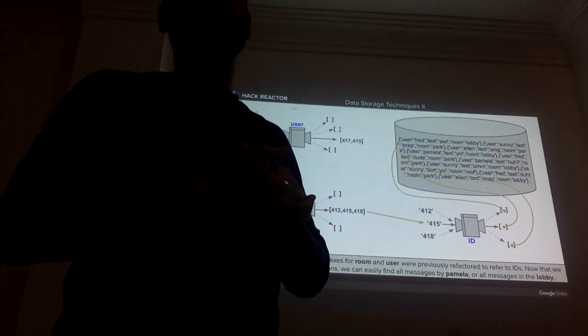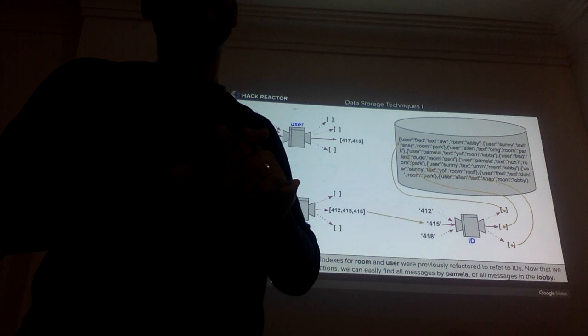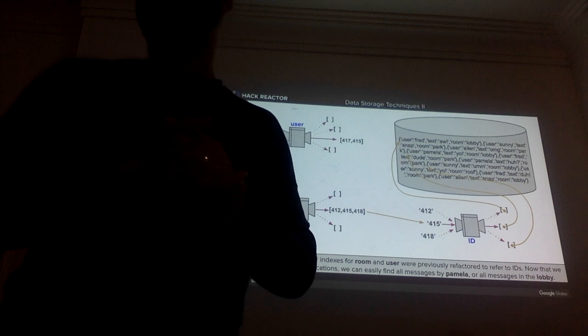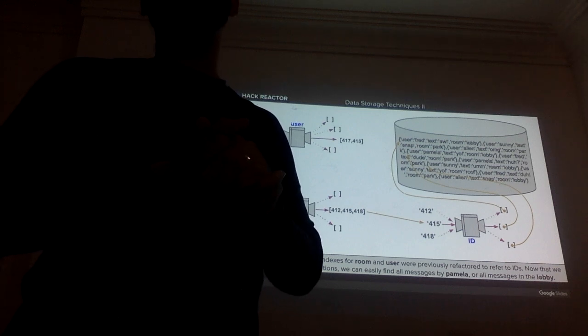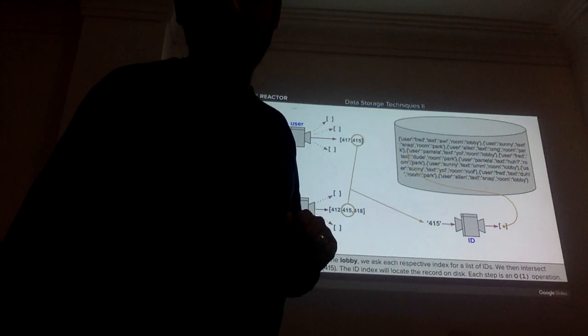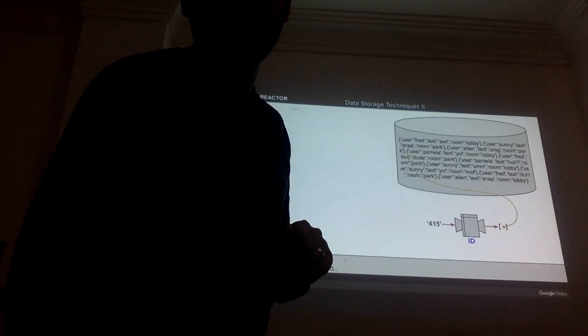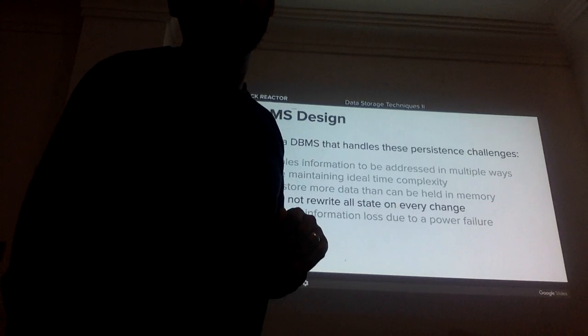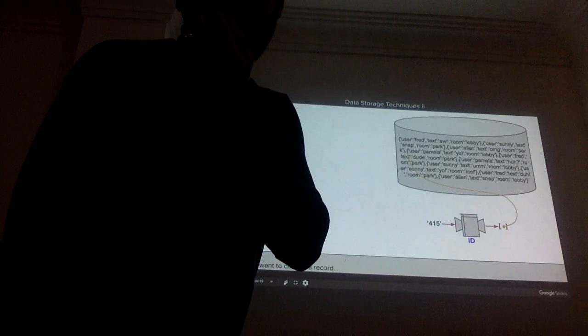If you want to move this information from the hard disk to a different place, that hash table should be updated. Yes, any change should be updated. It does not rewrite all state on every change.